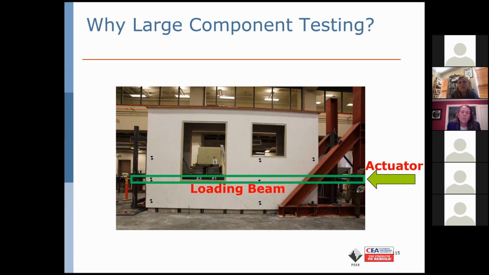So why did we do large component testing? Tara talked a little bit about there being some previous testing that was done by Arnold and others at UC San Diego as part of a CUREE CEA project that actually was done about the same time, and I believe in conjunction with the older assessment and repair guidelines that Morgan was talking about this morning. So they had done some testing of walls that had stucco on one side and gypboard on the other.